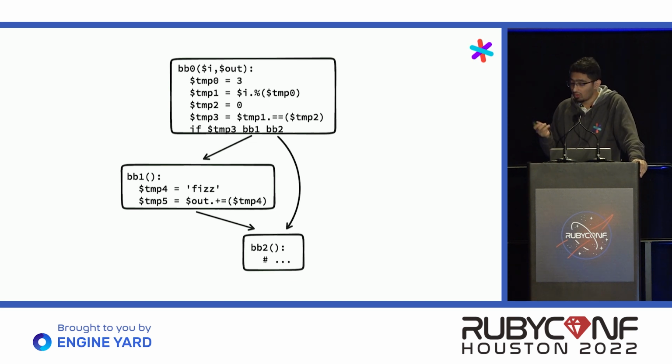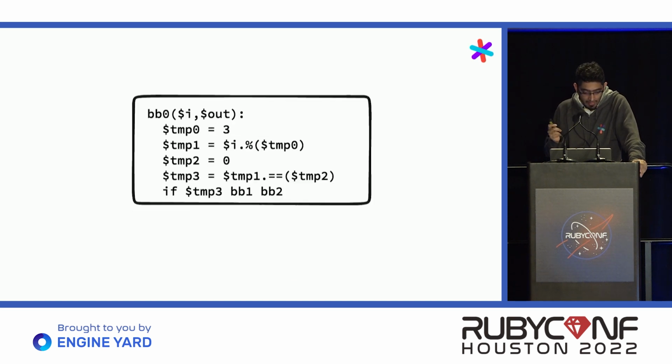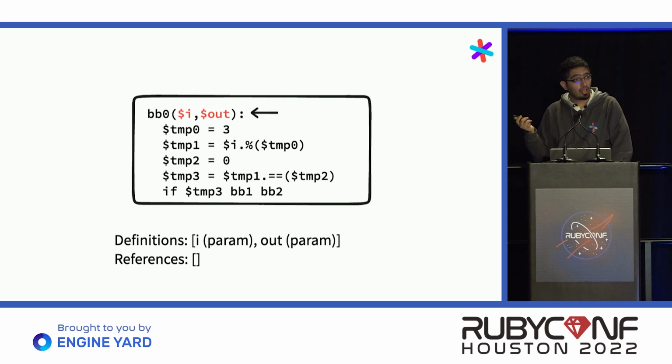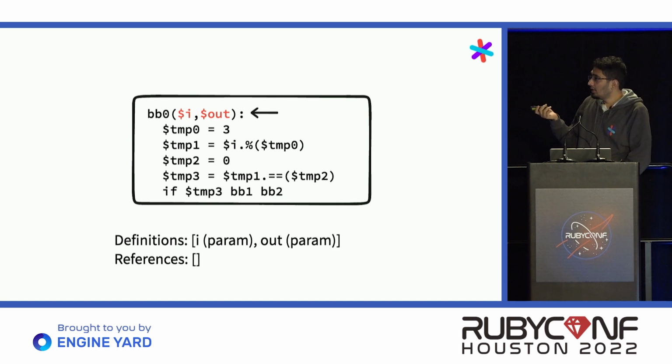Now let's look at the nodes, and just look at the first basic block for simplification. Here I've got two parameters, $I and $out. We're going to record that these are parameters to the function. We'll either maintain a couple of arrays for definitions and references, or they could be hashes.